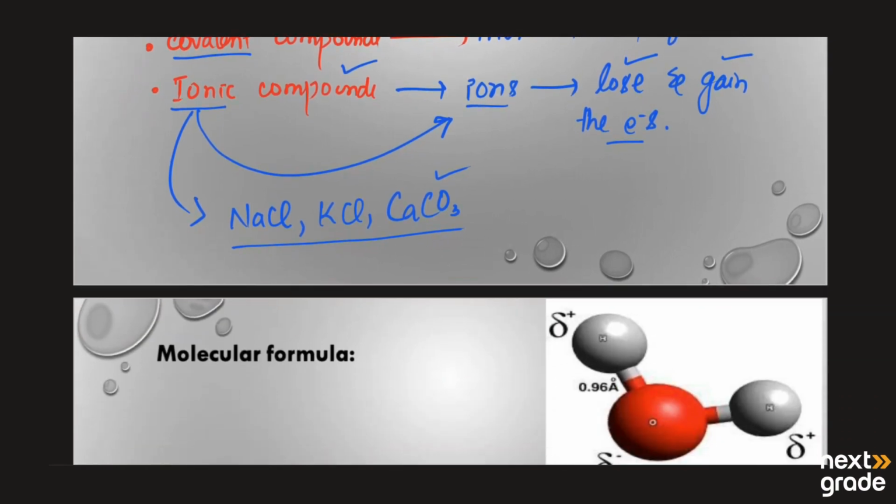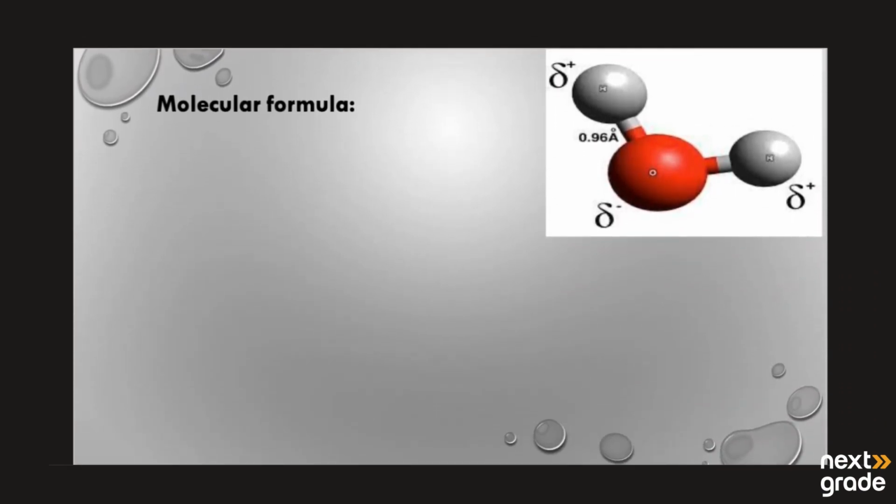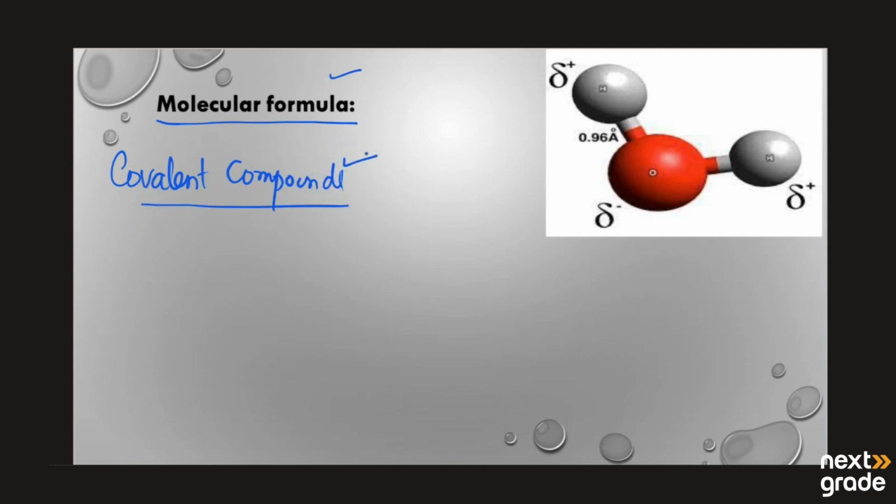Next, we have the molecular formula and the formula unit. What is meant by the molecular formula? As we have learned, there are two types of compounds. Number one is covalent compounds. How can we represent these covalent compounds? For their representation, we need a formula, and that formula we call the molecular formula.